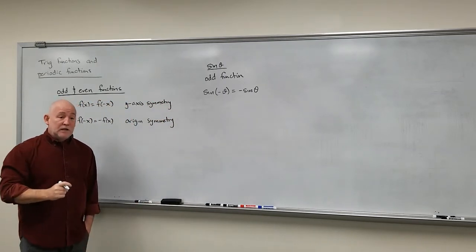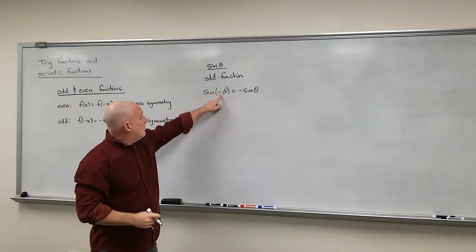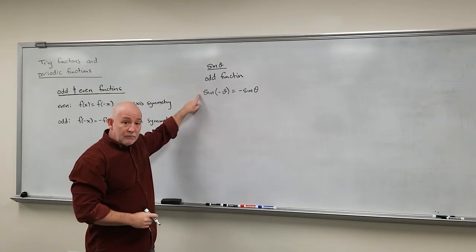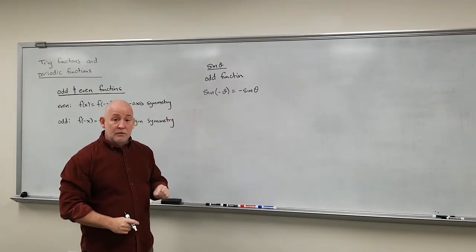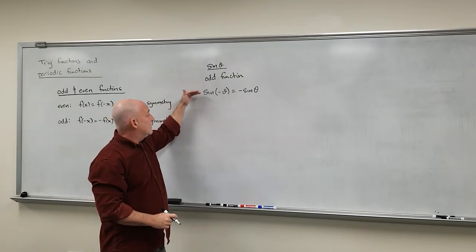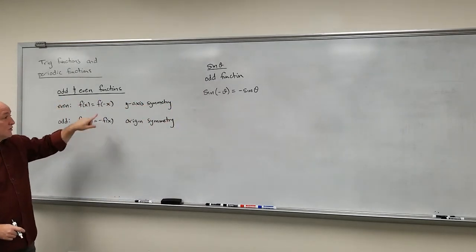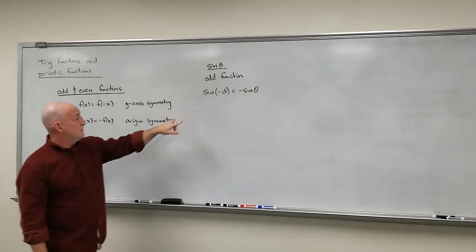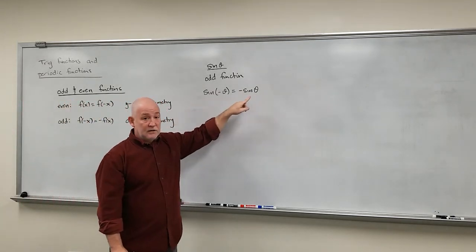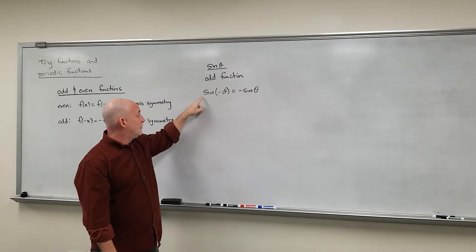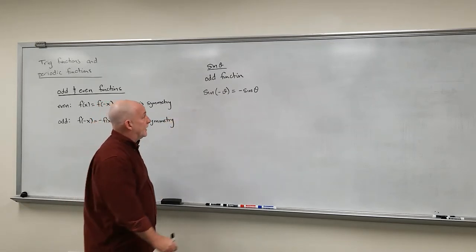Now, the biggest mistake that students make here is they say, oh, I'm allowed to pull that negative out front. That is not what we're doing here. I'm using the fact that it is an odd function. I'm using this definition of an odd function to rewrite the sine of negative theta as the negative sine of theta. We're not doing any algebra to pull that out front, so be careful with that.